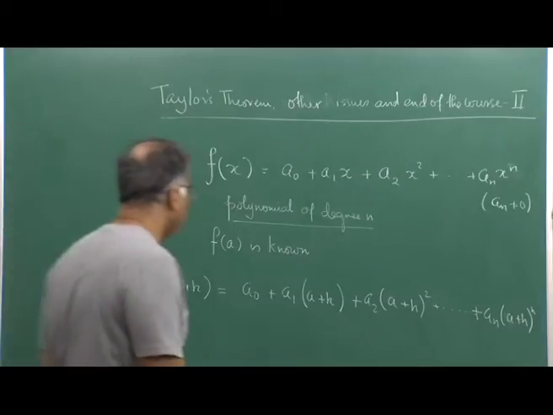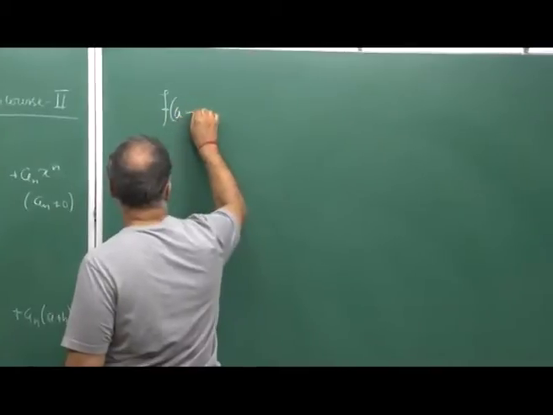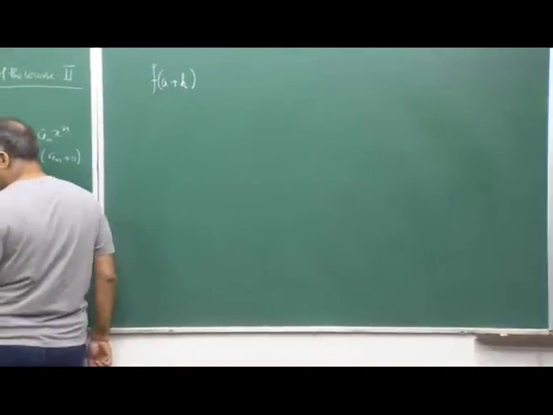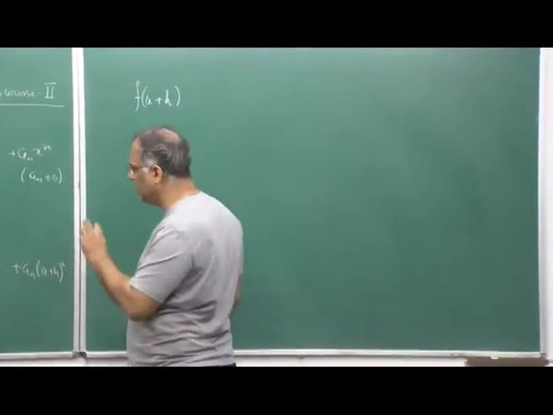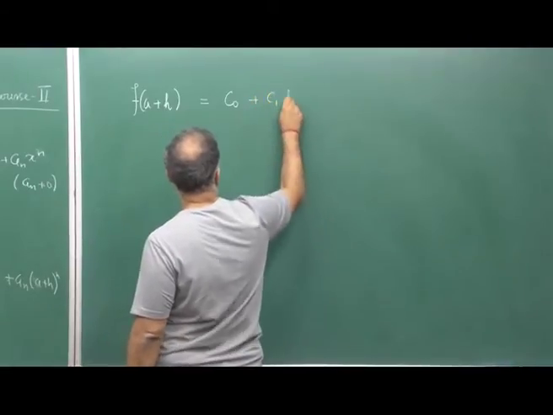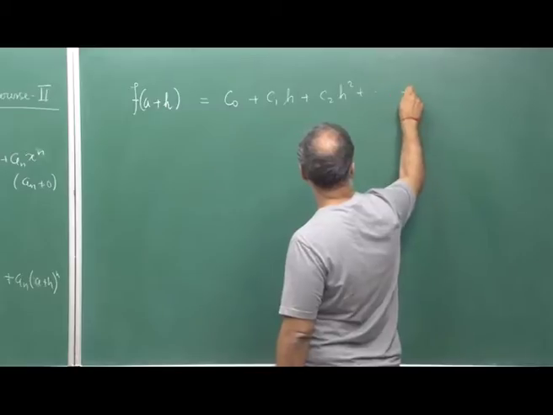So, Taylor said, okay, ultimately this would happen, because a is fixed, it is going to become a function in h, a polynomial in h. So, it is C0 plus C1h plus C2h square up to Cn hn.